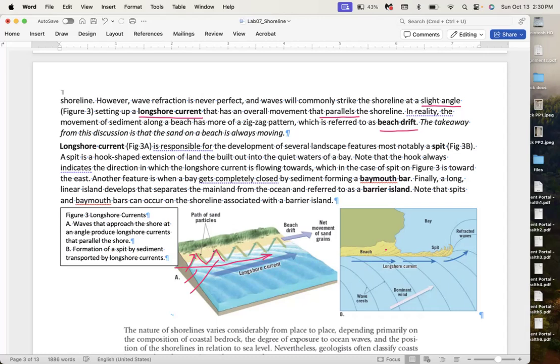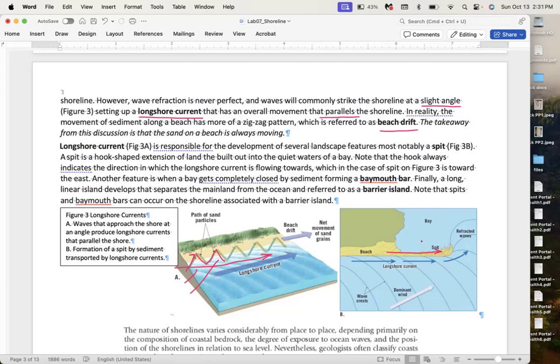If you run out of beach, then usually if there's enough sand, it will continue building in this direction. And this is called a spit. So we go from a beach to what is called a spit, which is an extension of the beach, if it can do that.